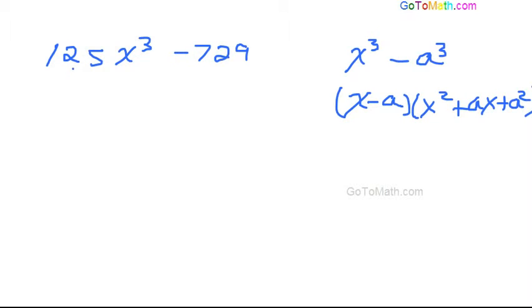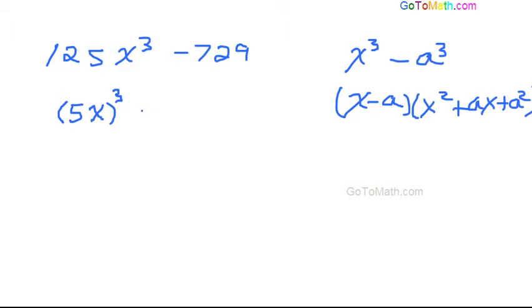We got this 125. But let me show you how to deal with this. I'm going to write 5x, and then let's put all that in parentheses and cubed. That's the same thing as 125 x cubed, because if we cubed 5, we'd get 125. You see? Then of course x cubed is x cubed.